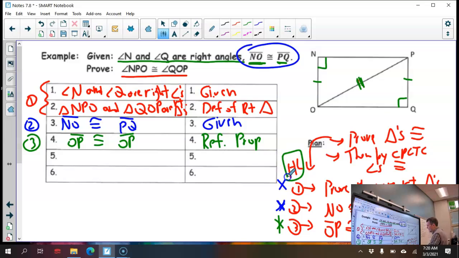And so I have my three parts equal to my three parts. Although in hypotenuse leg, it's not really three parts. It's a right triangle and then two parts. Same deal, though. So now I can say the triangles are congruent because they are right triangles and their legs are equal and their hypotenuses are equal.